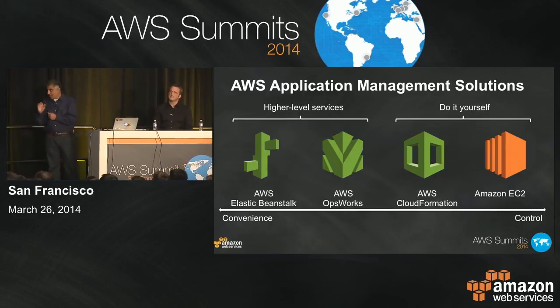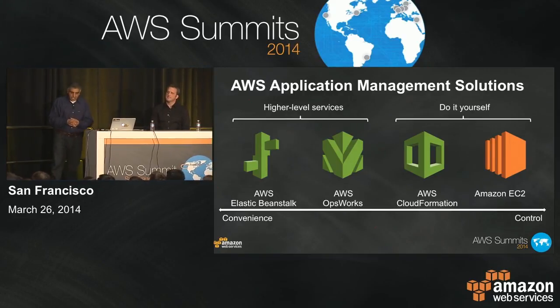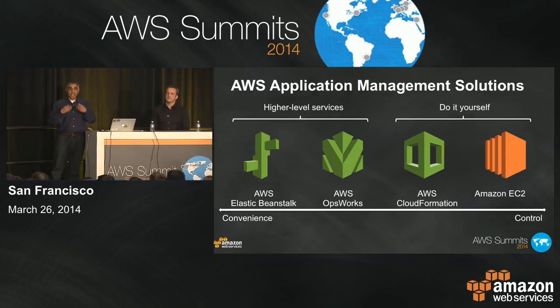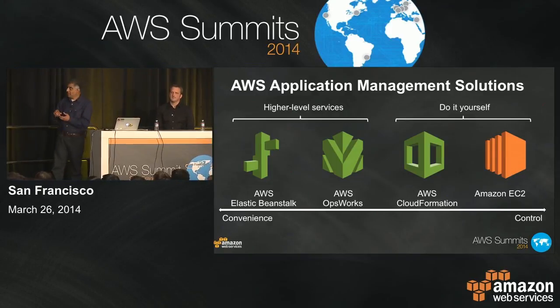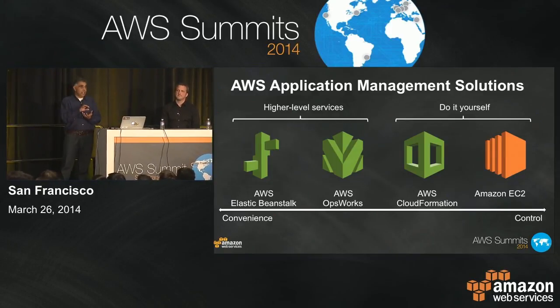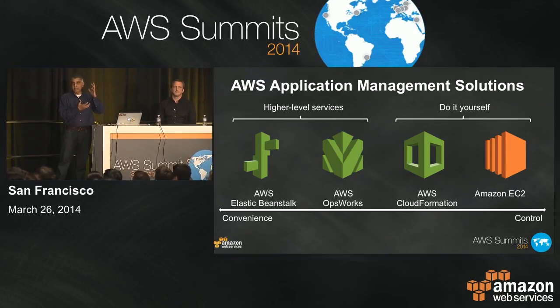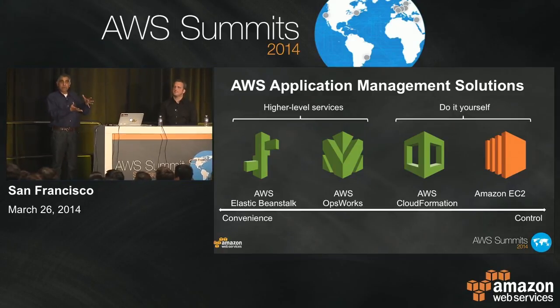So to walk you through this, a lot of developers just want to write the code, and don't want to worry about any of the underlying infrastructure, how it's going to scale, grow, shrink, all of that. You can use what's called Beanstalk, which is effectively: write your code, Java, Ruby, PHP, Python, and then you have a container, and you say deploy.